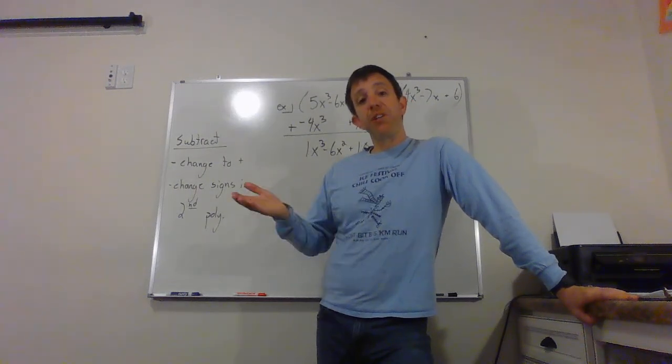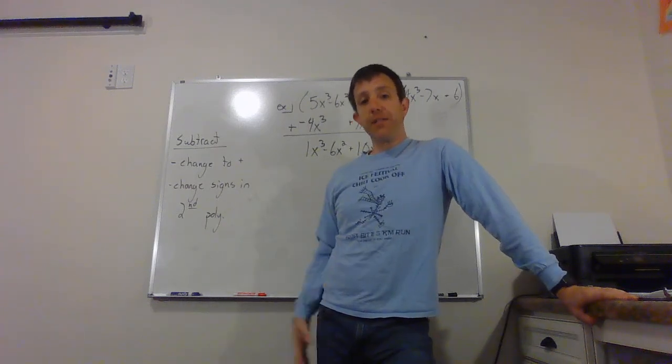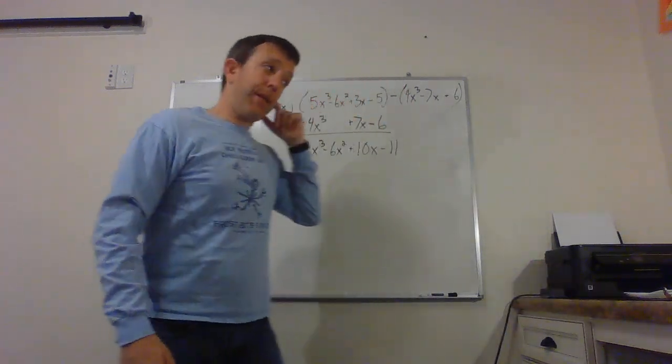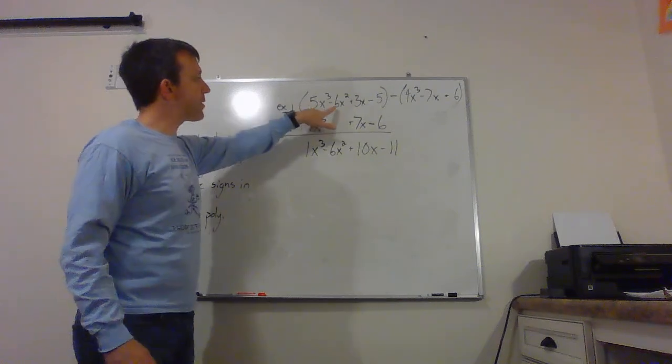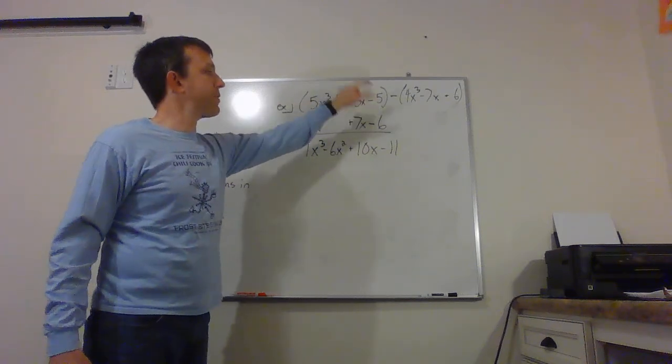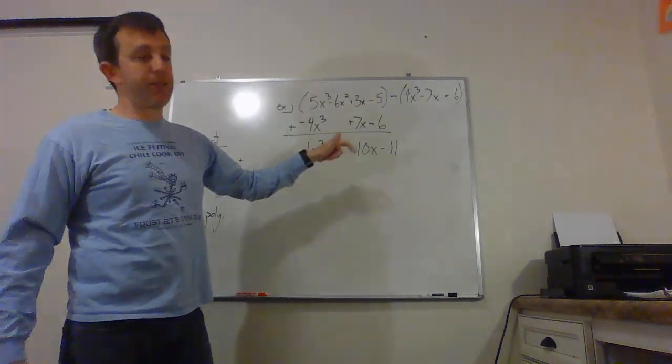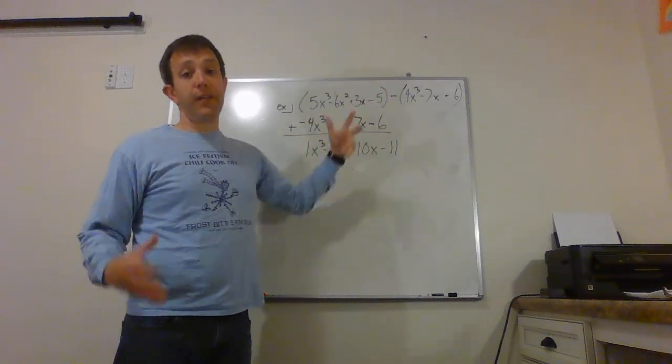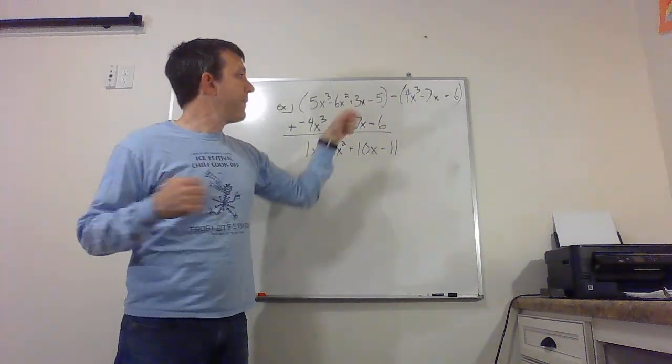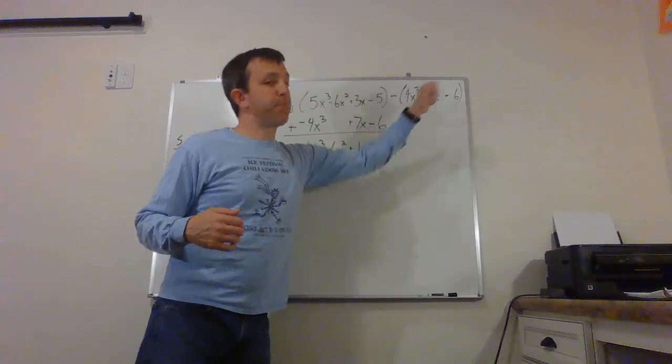When we did subtraction, we could change it to an addition problem. That's basically what we're doing here. So here's my example. 5x cubed minus 6x squared plus 3x minus 5. There's my first polynomial. Minus sign. Again, don't multiply these. That would be bad. 4x cubed minus 7x plus 6.